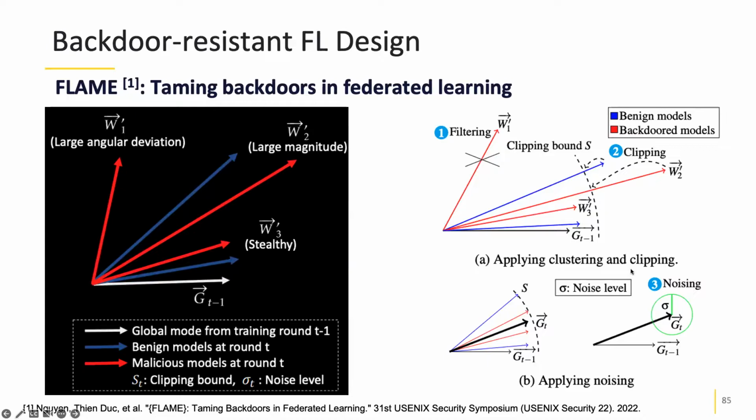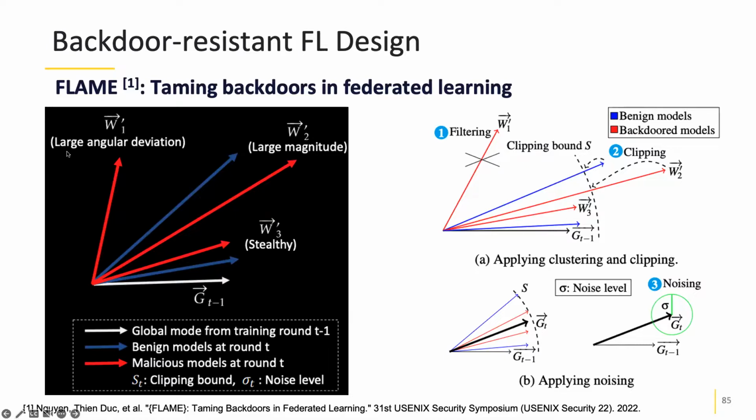Here we show the intuition of the Flame defense. We have seen the properties of backdoor local updates in the previous slide, and Flame designs three defense modules to mitigate or detect the impact of each backdoor.